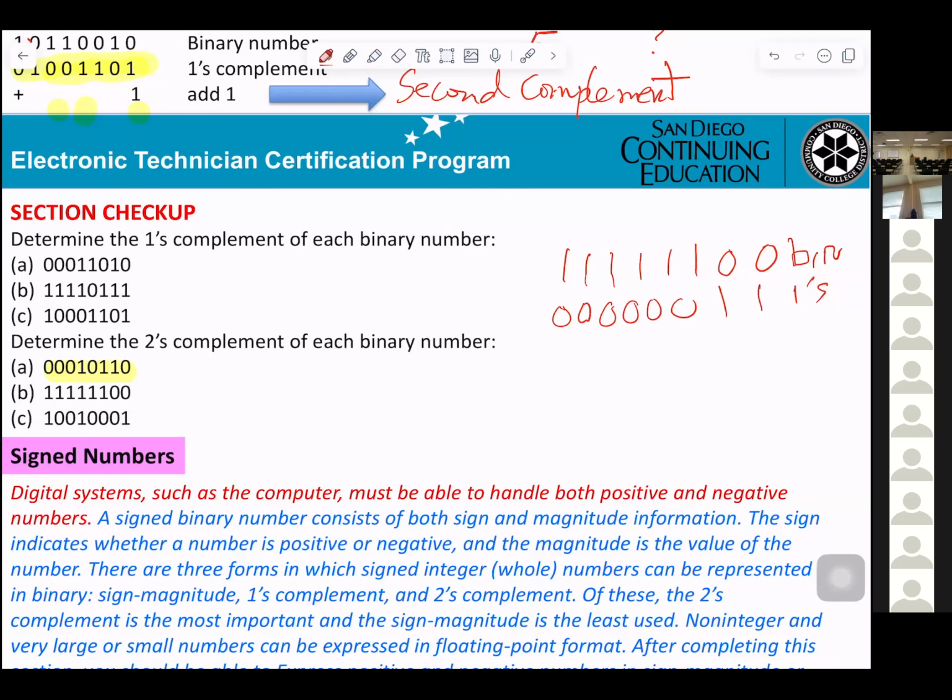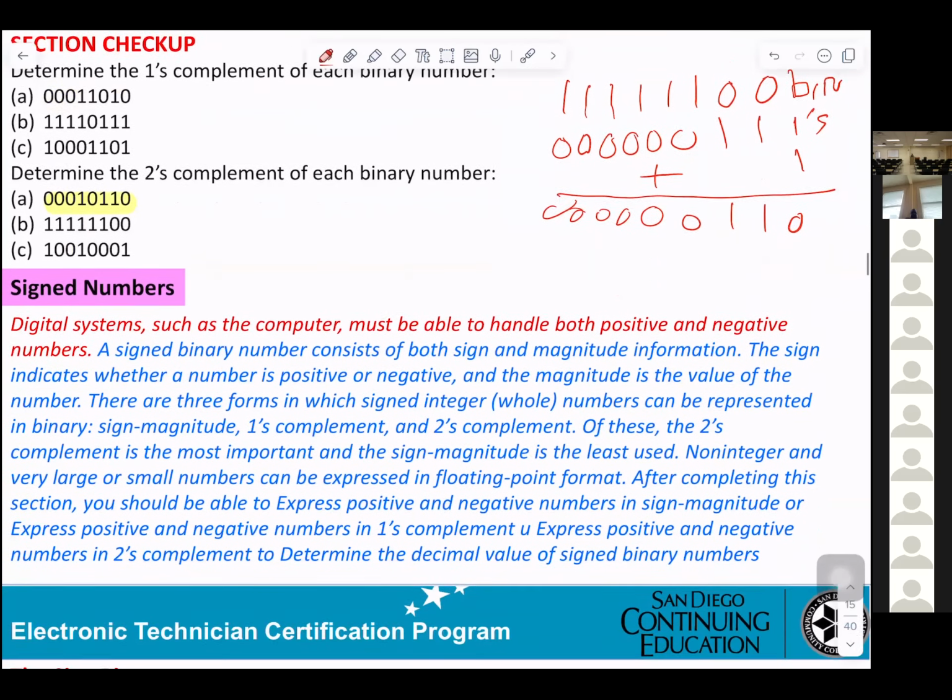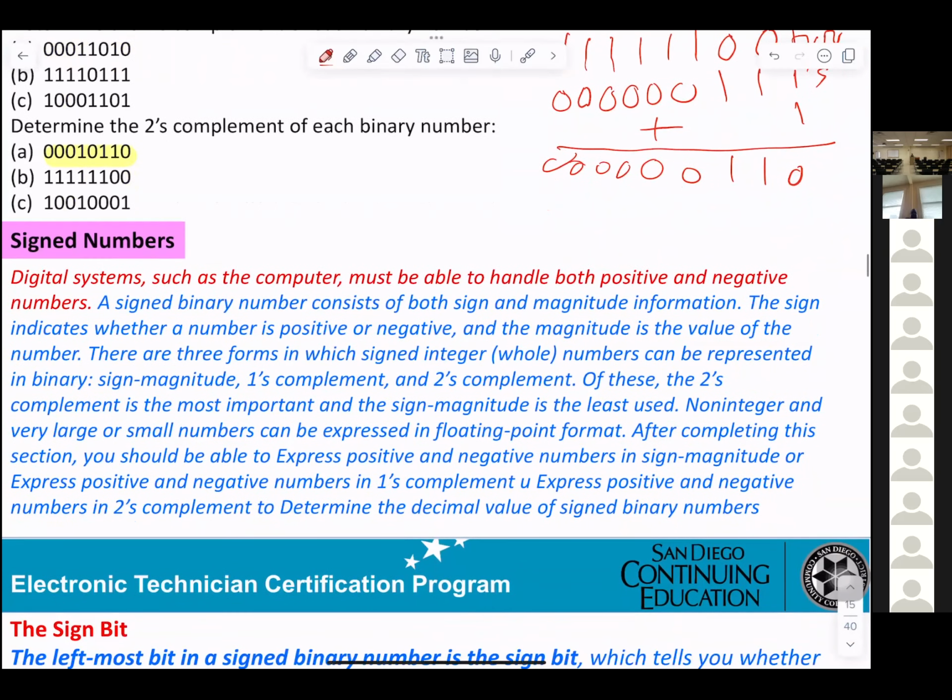Correct? Adding 1. 1 added to 1, 0. Okay, 1, 1, keep going. Okay? Now, that is the next one.